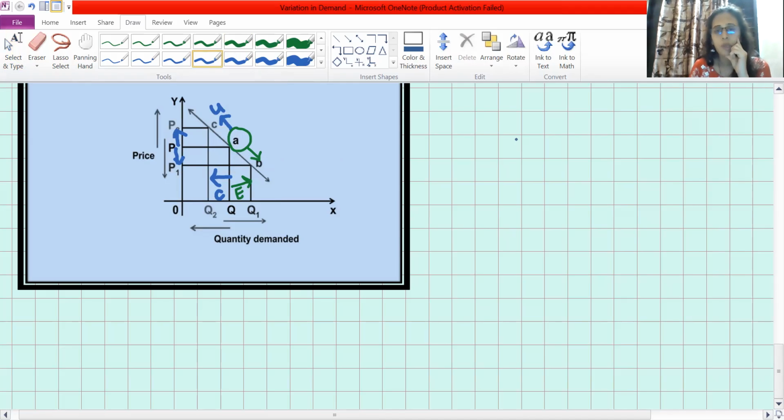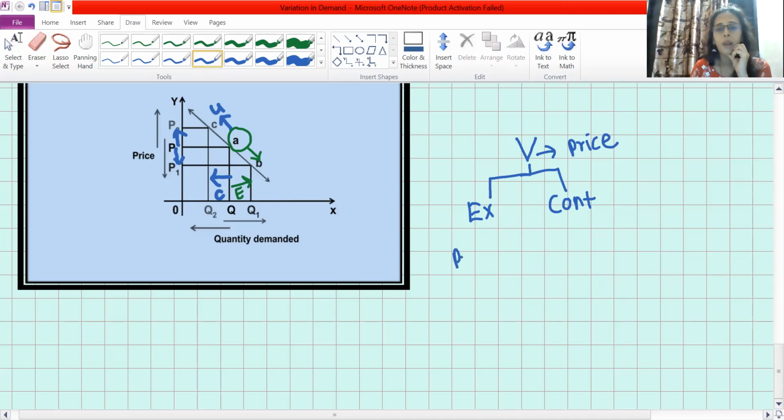So what we have studied is that variation in demand is further classified into expansion of demand and contraction of demand. These variations take place only because of change in price. Change means it may increase or it may decrease.